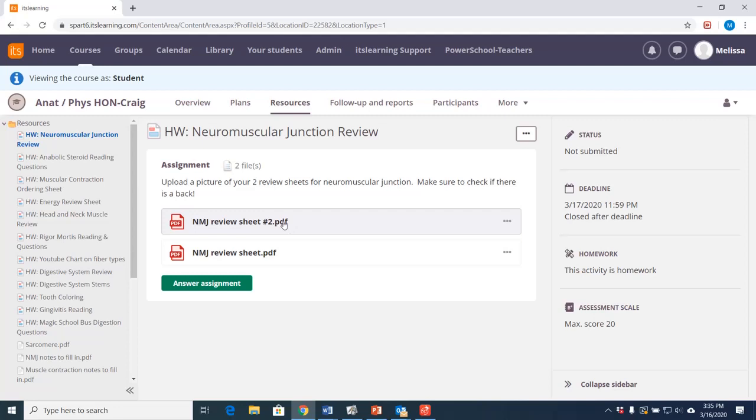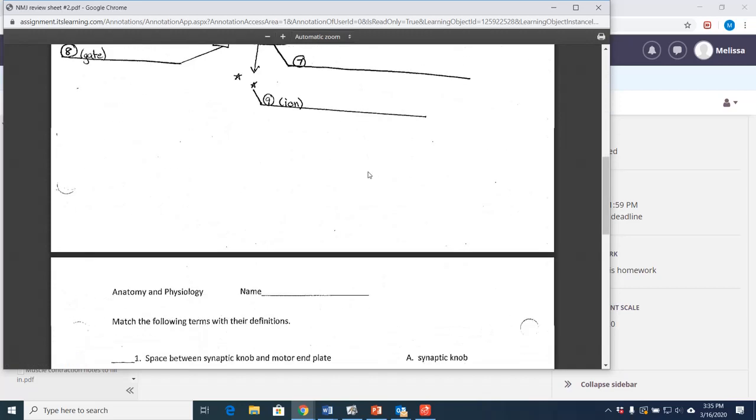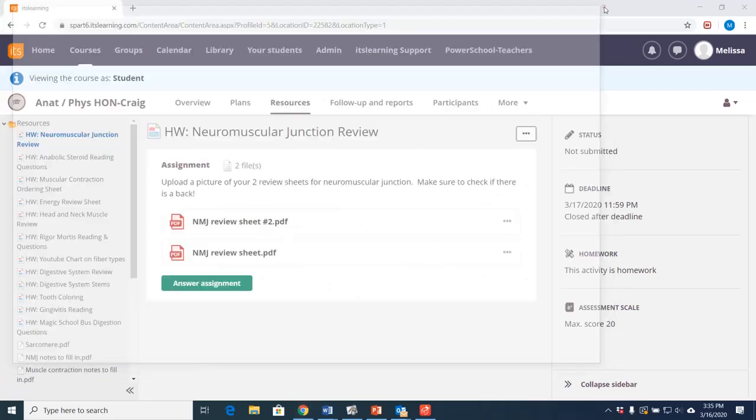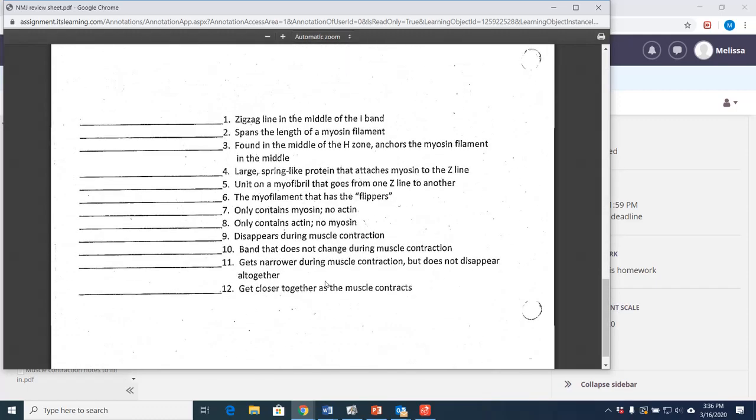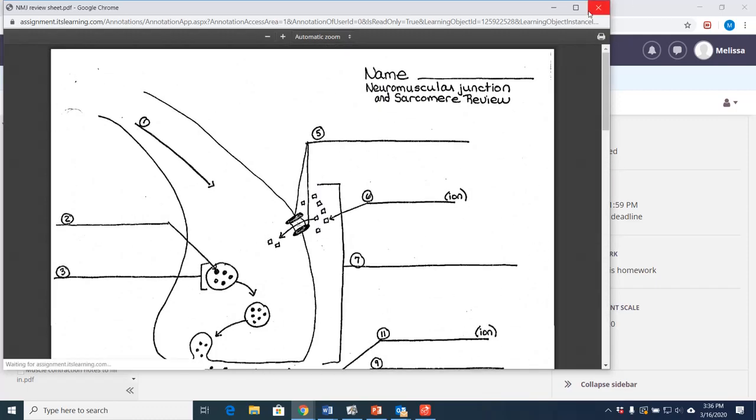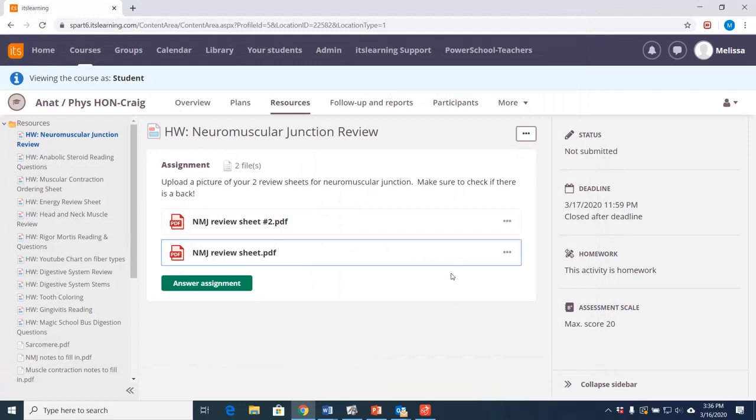If you have no idea what 2 sheets I'm talking about because your packet is disorganized, you click on this PDF, and here is sheet number 1. It has a back. Same thing with number 2, but I don't believe it has a back. Yes, it does, just kidding. And you will try it. See if you can figure out how to do the neuromuscular labeling, and then upload a picture of the assignment.